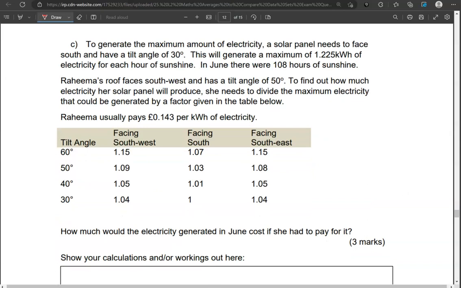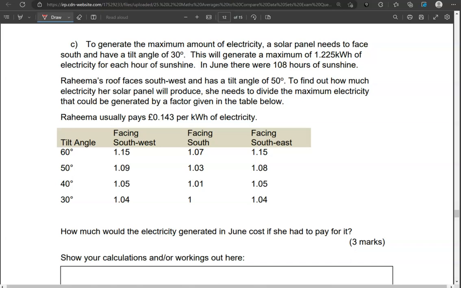To generate the maximum amount of electricity, a solar panel needs to face south and have a tilt angle of 30 degrees. This will generate a maximum of 1.225 kilowatt hours of electricity for each hour of sunshine. In June, there were 108 hours of sunshine. Rahima's roof faces southwest and has a tilt angle of 50 degrees.